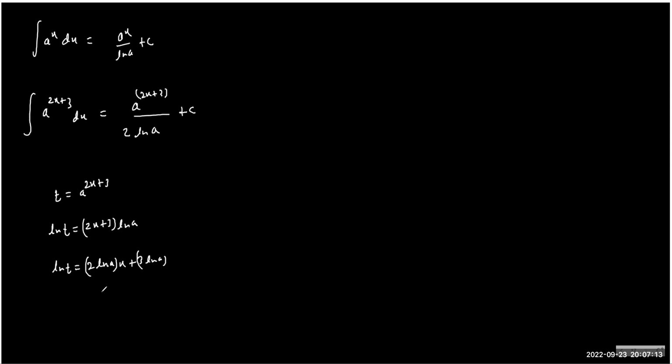Then you get t equals e power 2 ln a x, and any constant of power we can write as a multiplier. The entire term is a constant, and then we know how to integrate, and if you rearrange, you'll get the same answer.